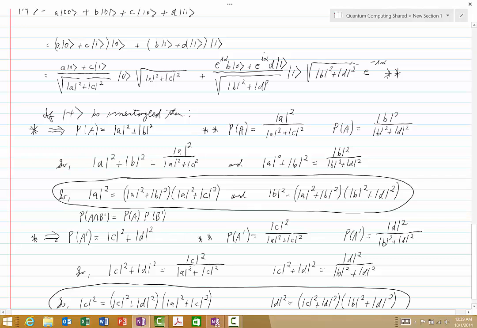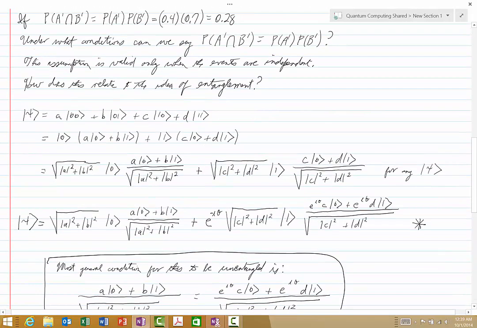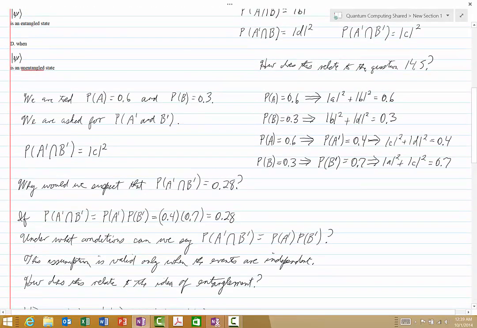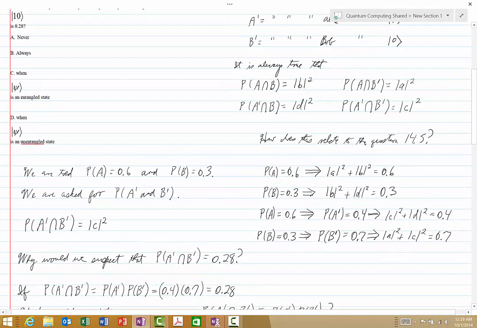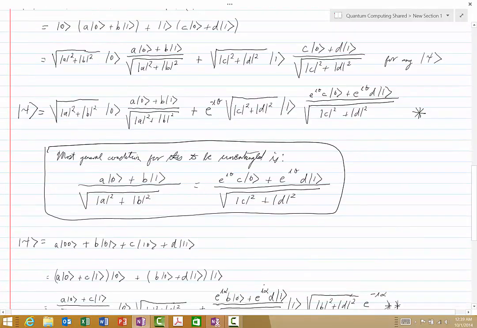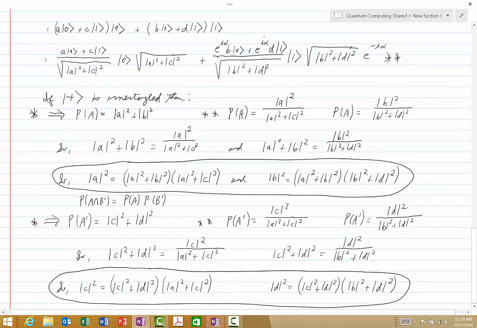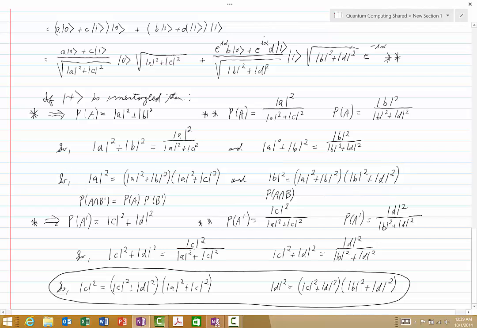And what about this second one? Well, magnitude of B squared is the probability of A and B. So this is probability of A and B. Maybe I should modify this loop.